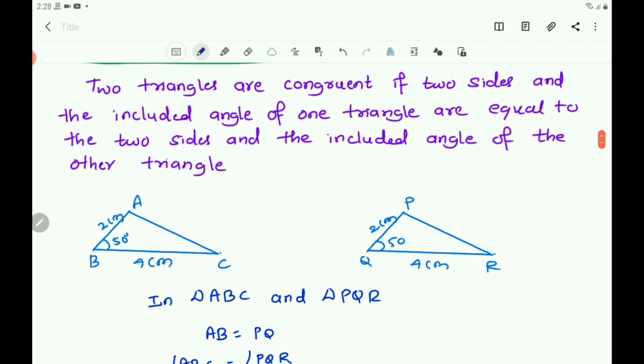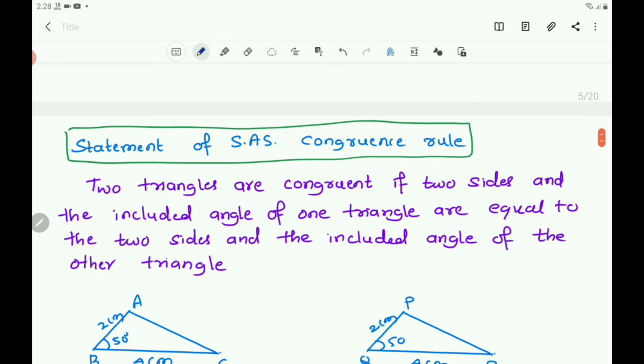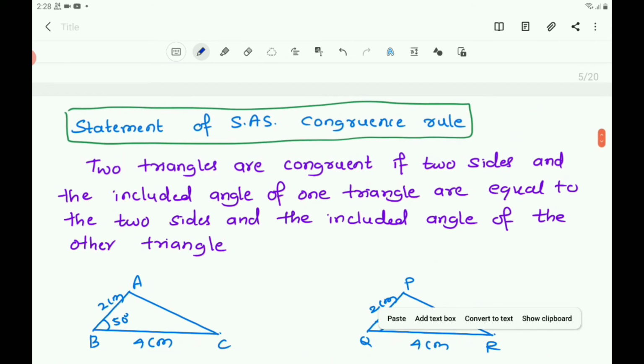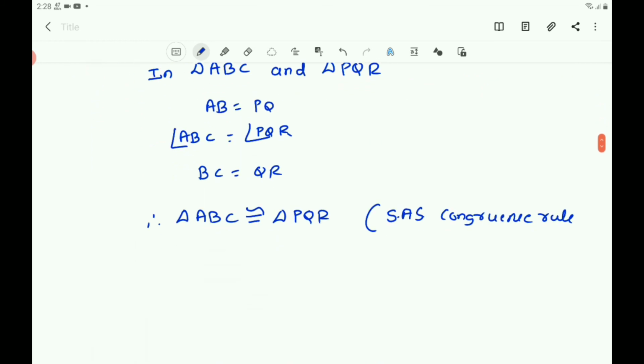In this way, this is one of the criteria for the congruency of triangles. So two triangles are congruent if two sides and the included angle of one triangle are equal to the two sides and the included angle of the other triangle. That is the SAS congruence rule.